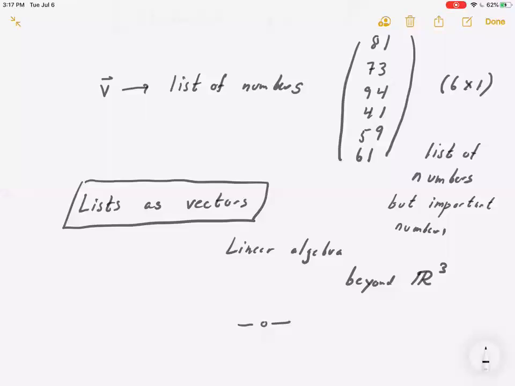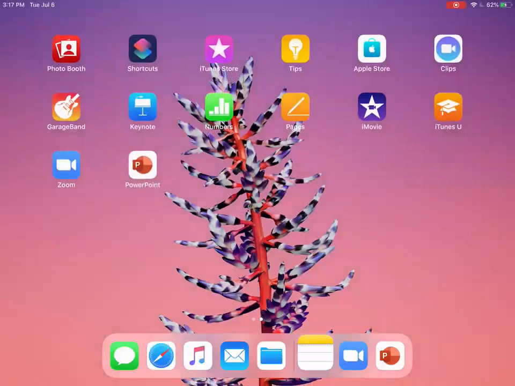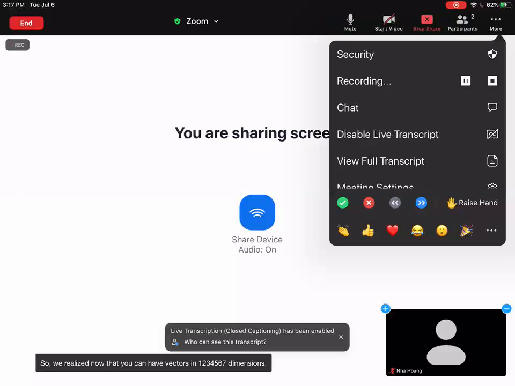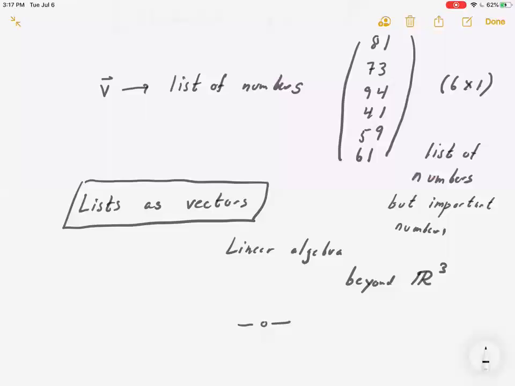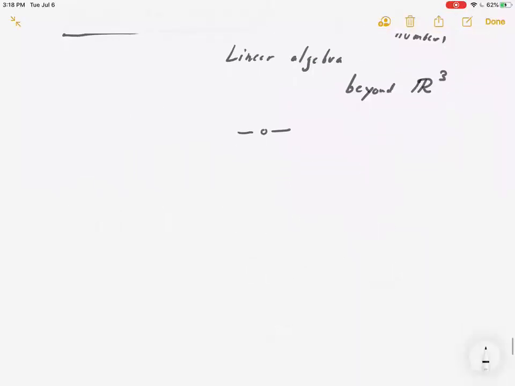Okay, so let's continue. So we realize now that you can have vectors in 1, 2, 3, 4, 5, 6, 7 dimensions. And in fact, there's nothing wrong with writing down a vector, which really is a list of numbers, in n dimensions.